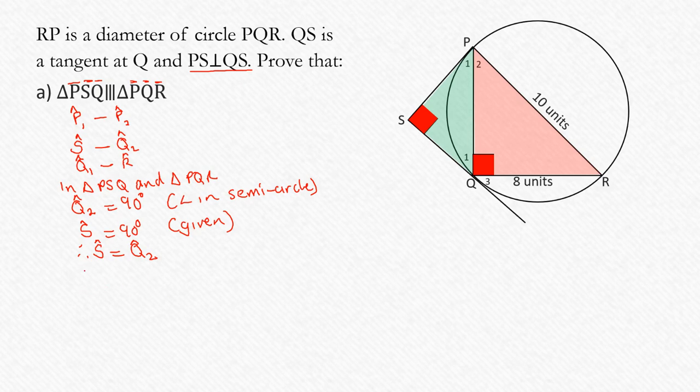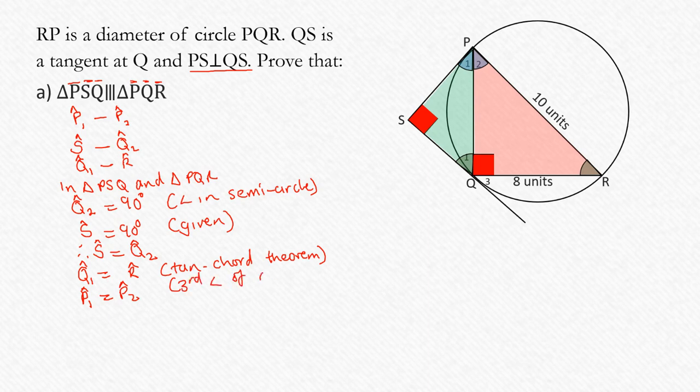Angle Q1 is equal to angle R because of the tan chord theorem. And then we have the last pair, which is P1 and P2. Angle P1 is equal to angle P2 because of the angle of the triangle. Now we've managed to prove that.